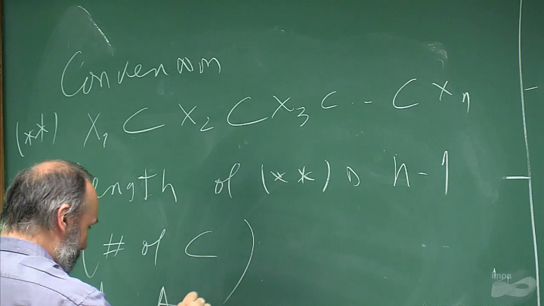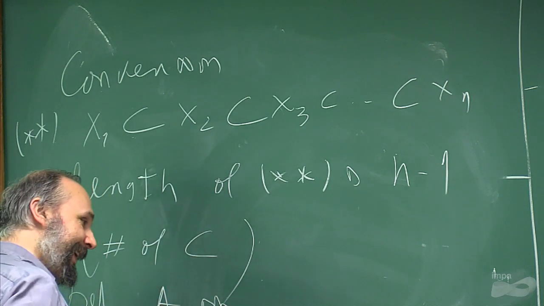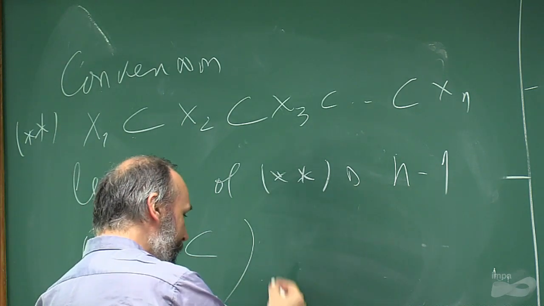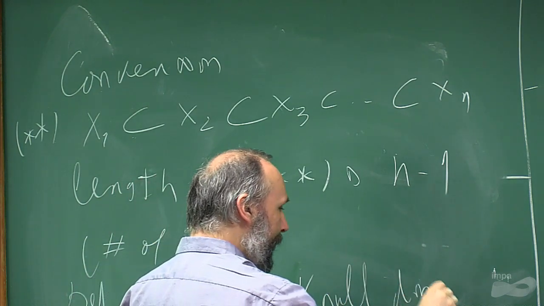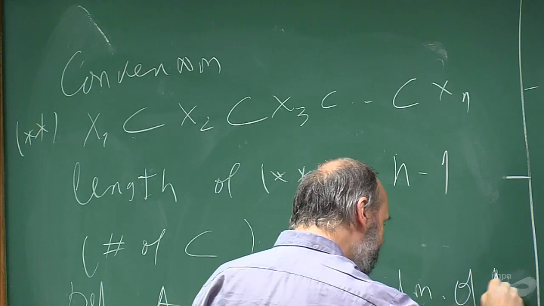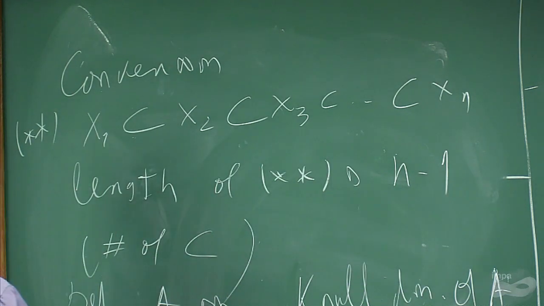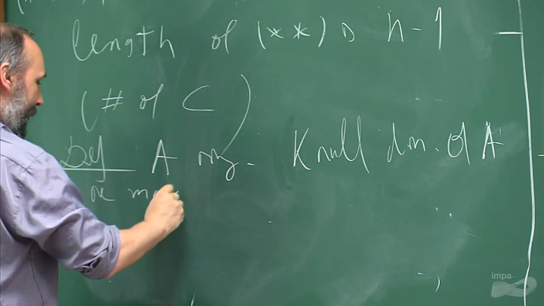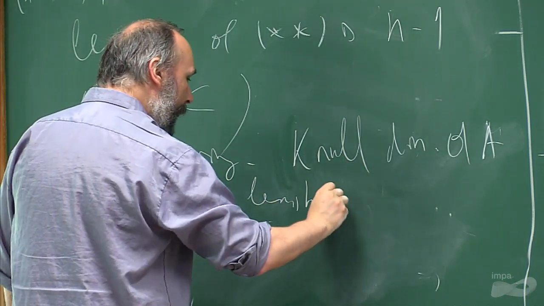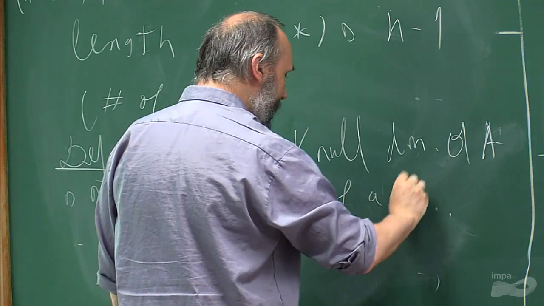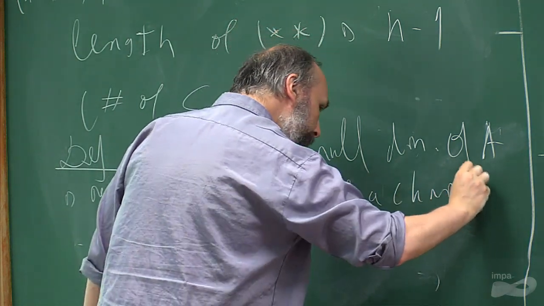Now definition. Suppose you have a ring A. The Krull dimension of A is the maximal length of a chain of prime ideals.